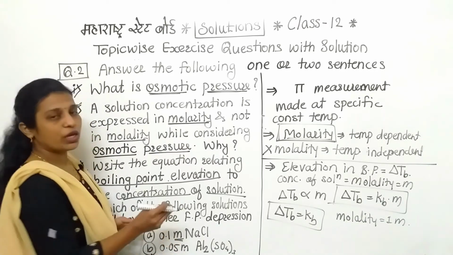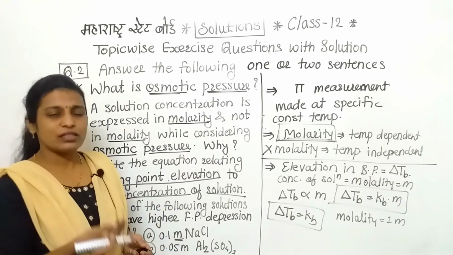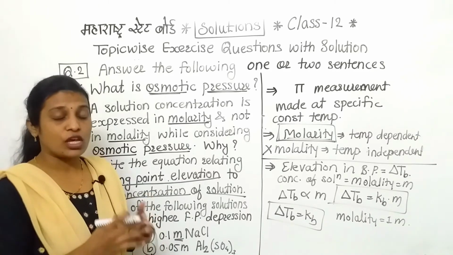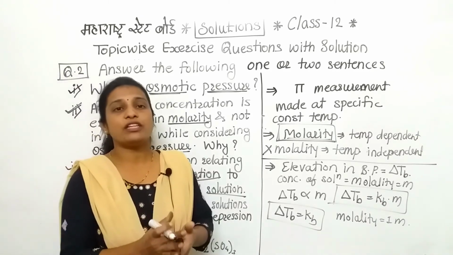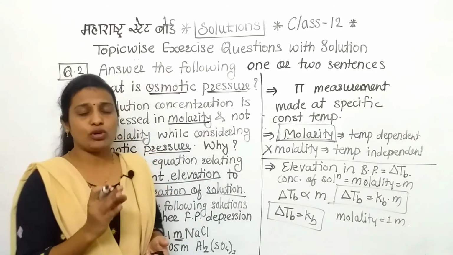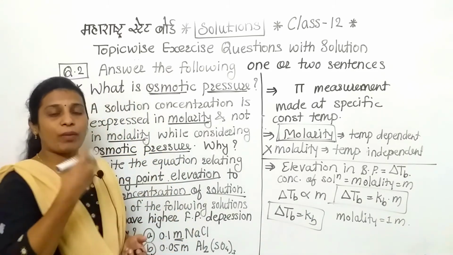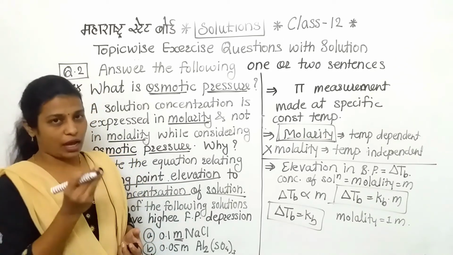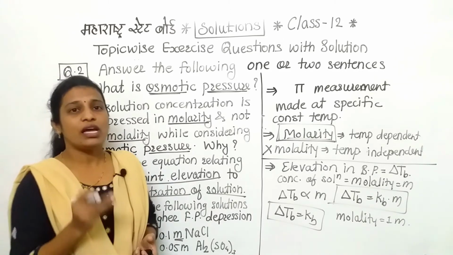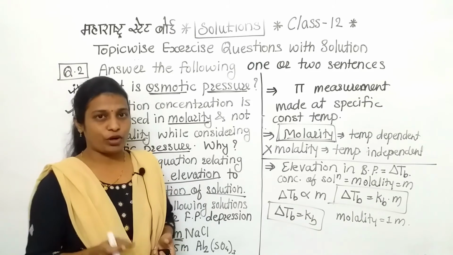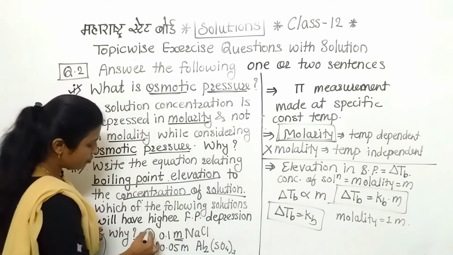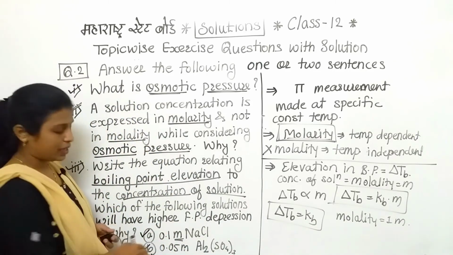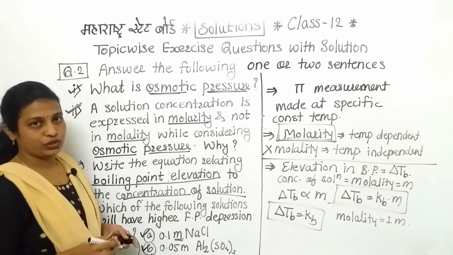For that purpose we have to calculate the number of particles, because a colligative property depends on the number of particles. So those solutions having the number of particles in a large quantity have the higher boiling point elevation or higher depression in freezing point. So firstly we will calculate the number of particles for these two solutions.